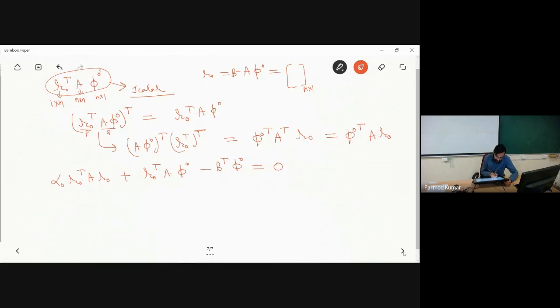Now once again, BT into phi naught I can simply write as transpose of the entire B transpose into phi naught, because this will once again become a scalar.